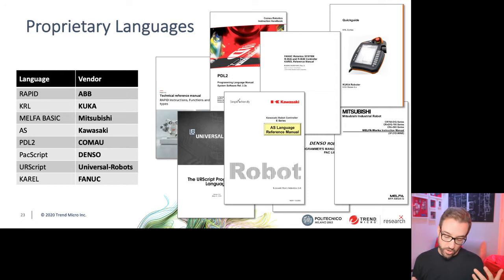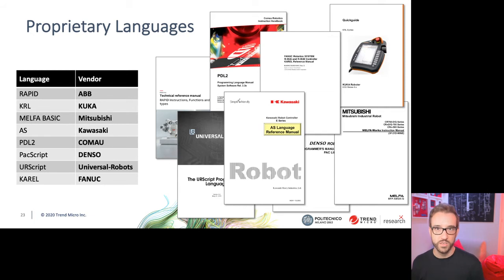I mean, there are systems that try to integrate and translate across languages, but natively, a program to automate ABB robots will never be able to run on a KUKA or on a Comau robot. They're all different, both from a programming point of view as well as from a runtime point of view. Operating systems are different.